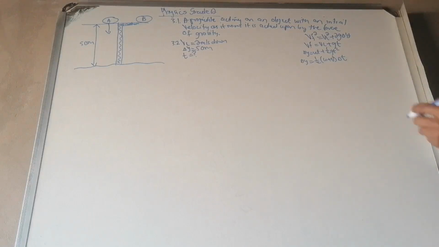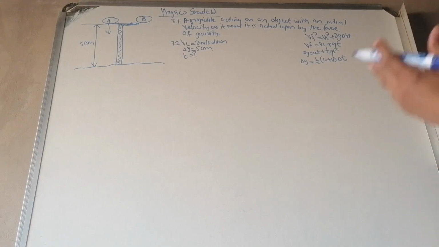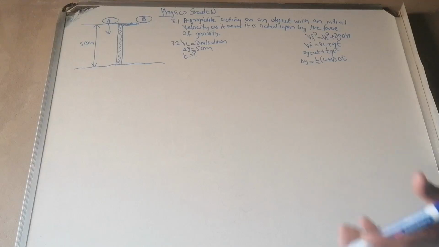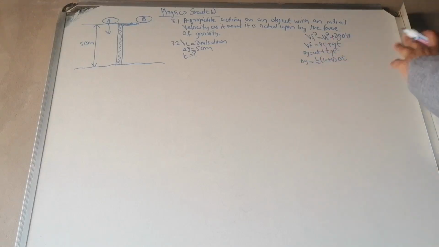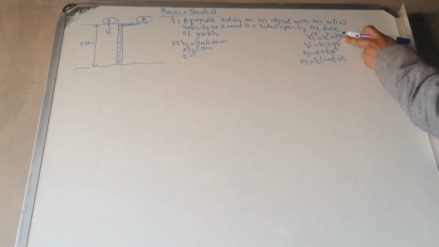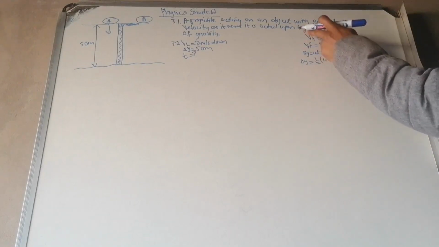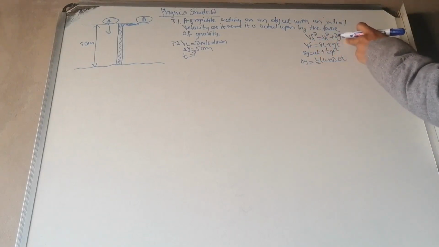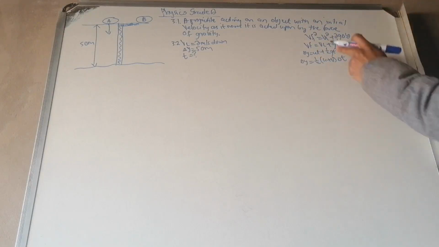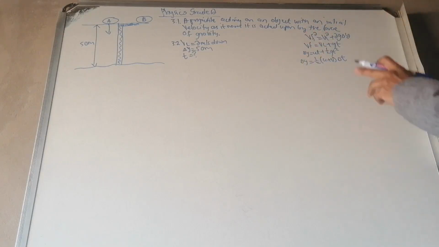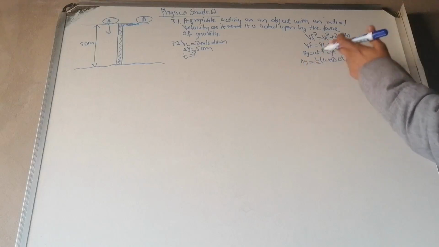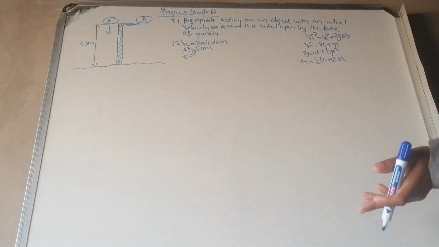Let me show you why. If we argue that the acceleration is not 9.8, and I want to calculate that acceleration, I will never be able to calculate it even using Newton's second law. You don't have the mass, don't even go there. So it will not work. You will have two unknowns. You don't have the final velocity, you don't have G. Problematic. If you try to use the second one, you don't have the final velocity, you don't have G. Not an option.